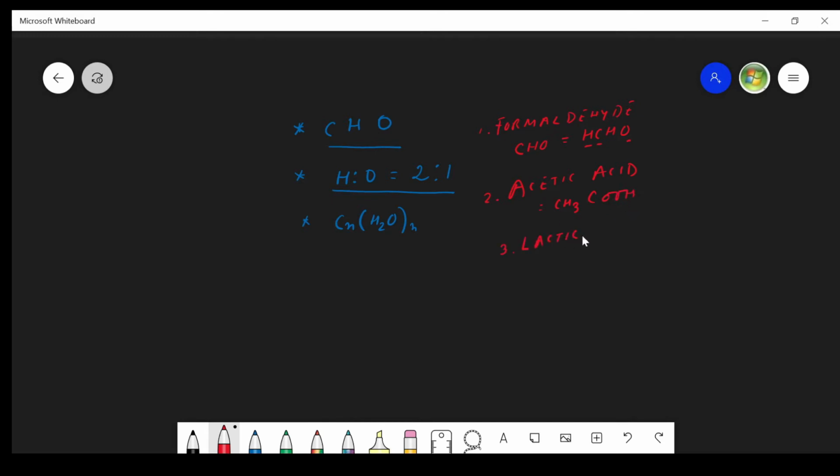Third one is lactic acid, CH3CHOHCOOH. In all these three cases, we are finding that there are carbon, hydrogen and oxygen. Carbon, hydrogen and oxygen is common in case of formaldehyde, in case of acetic acid, in case of lactic acid. But they are not regarded as carbohydrates.